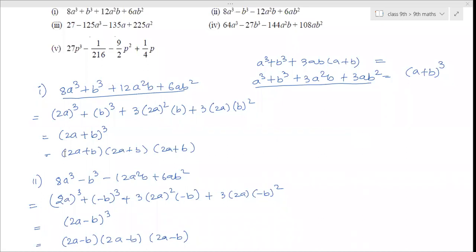Third question, it is 3 minus 5a whole cube. Fourth one is 4a minus 3b whole cube. And the fifth one is 3p minus 1 by 6, 3p minus 1 by 6 whole cube.